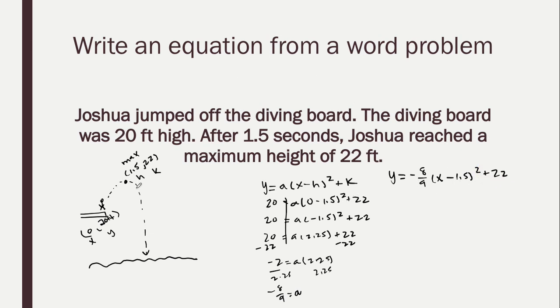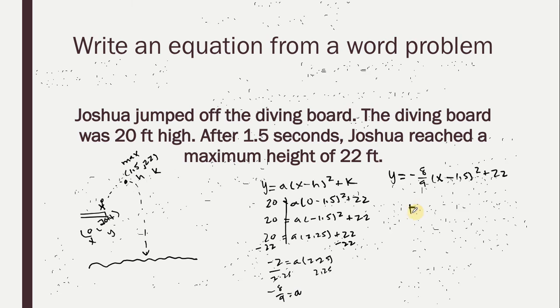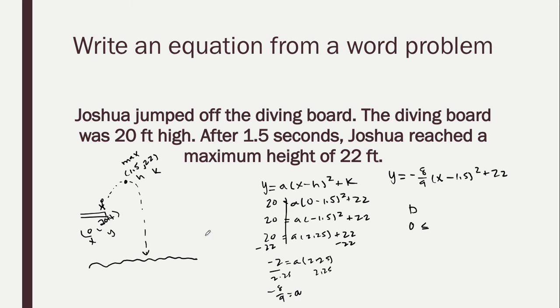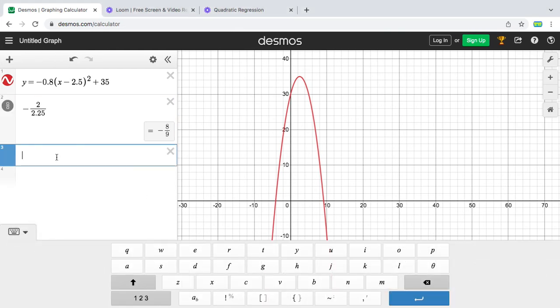Again, interpret everything. We know that the domain will be from 0 is less than or equal to x is less than or equal to whenever he hits the water. So you're going to have to graph this on Desmos.